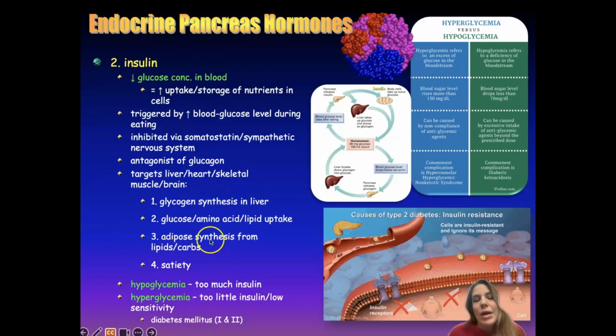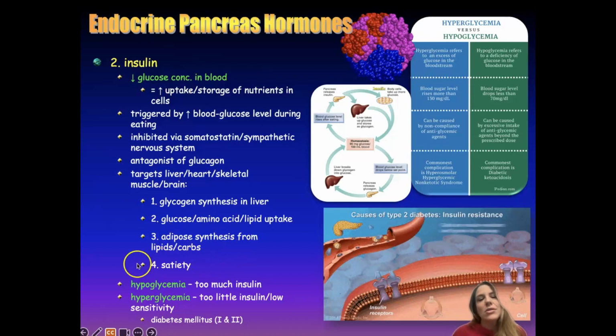And so it's going to tell fat cells, the adipose tissue, let's make adipose tissue by taking all those lipids and those carbs and forming more fat. So remember, fat is a way to store energy. And in this sense, we're storing glucose, or the ability to make glucose, by taking those amino acids and those carbohydrates and turning them into fat.